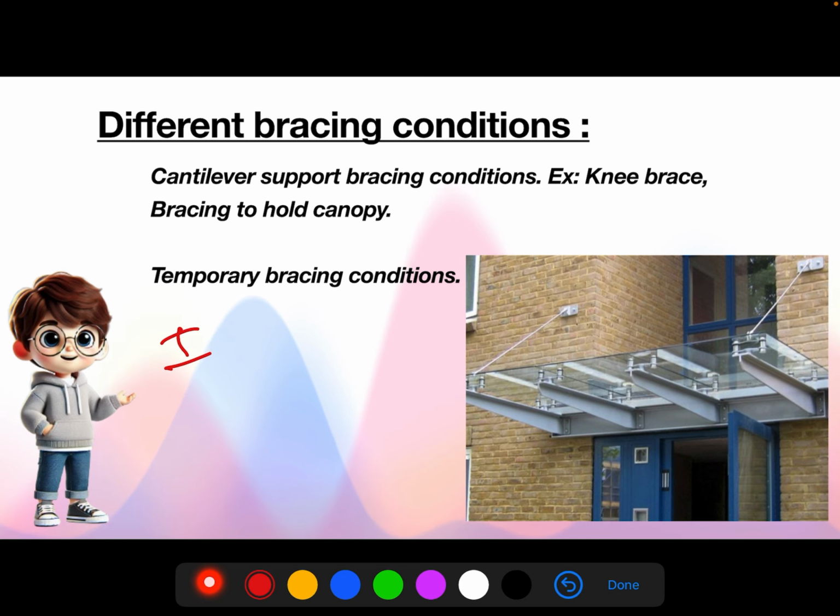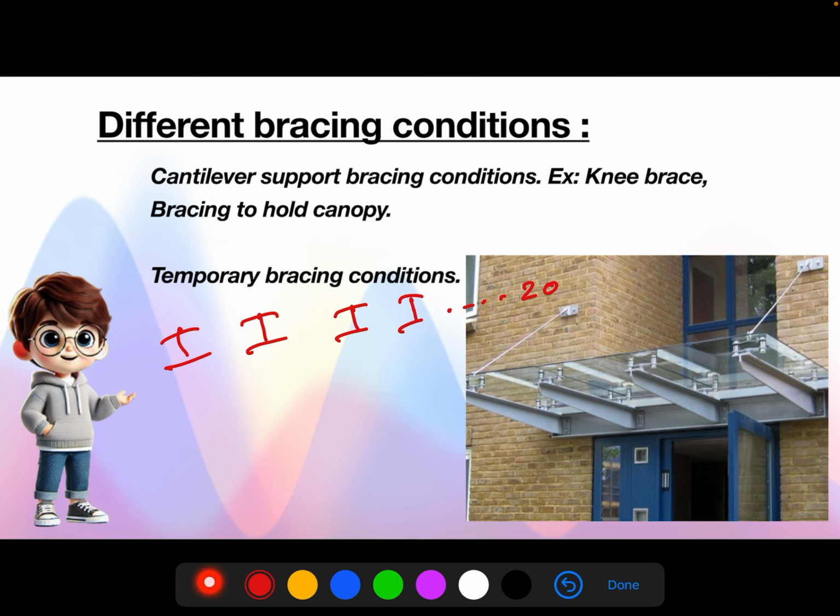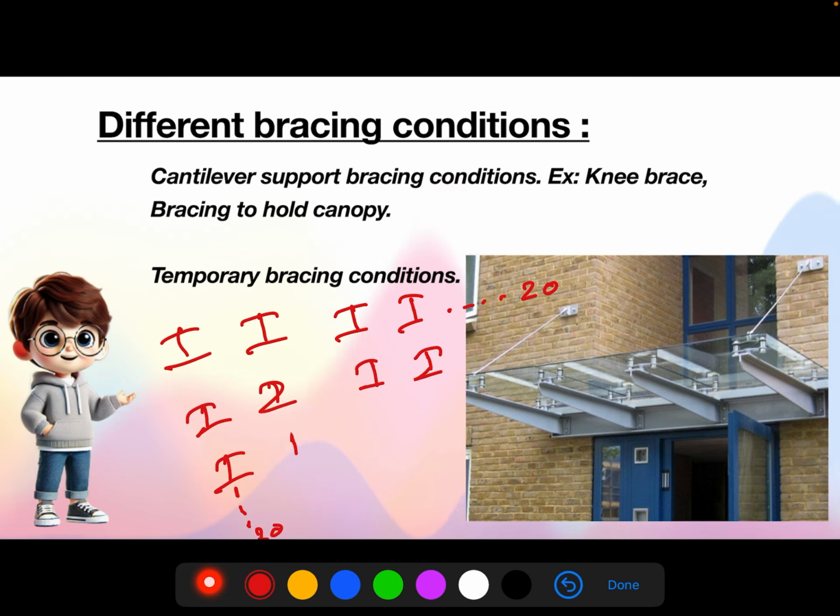Let's say I have a very big building of around 20 columns in this way and 20 columns in this way. Now in every building, I will erect the columns first, and after that framing beams will come, girder beams and then infill beams.